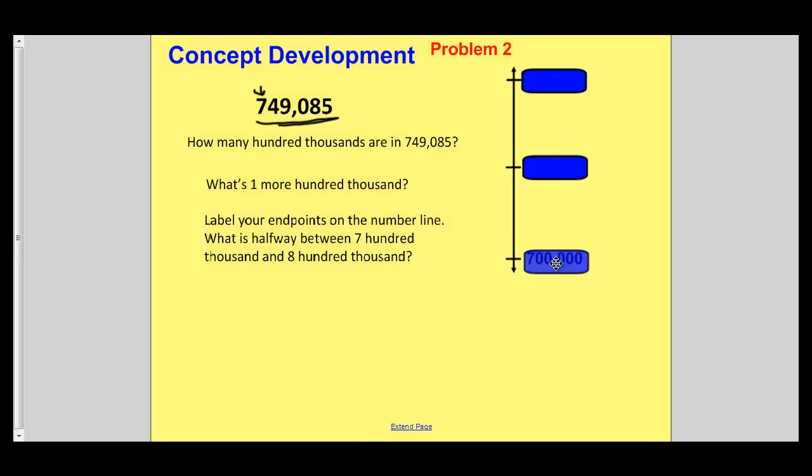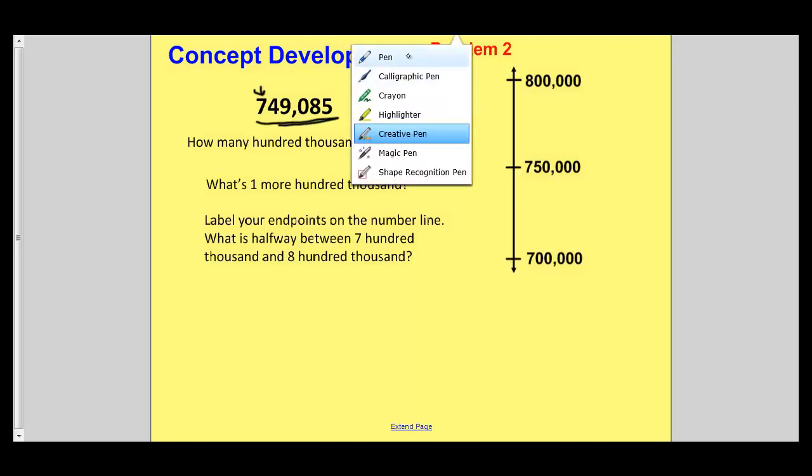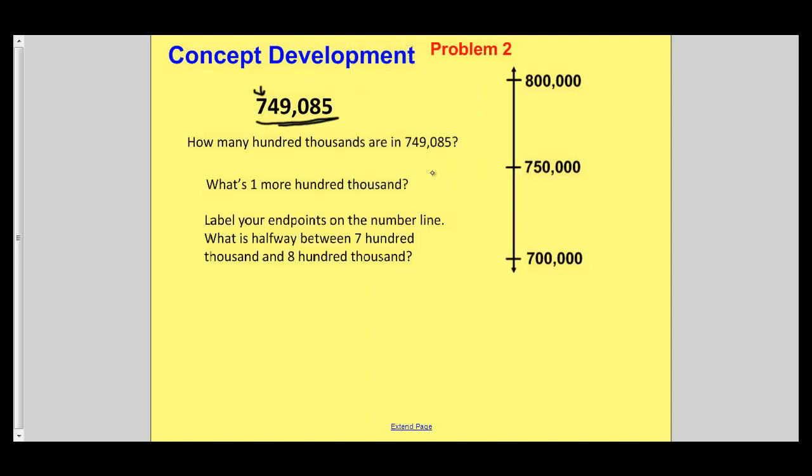And this is 700,000, this is 800,000, this is 750,000, and 749,000 is less than 750,000, so it must be about right here on my number line. Whoop. Sorry, I'm still trying to get used to this little pen.